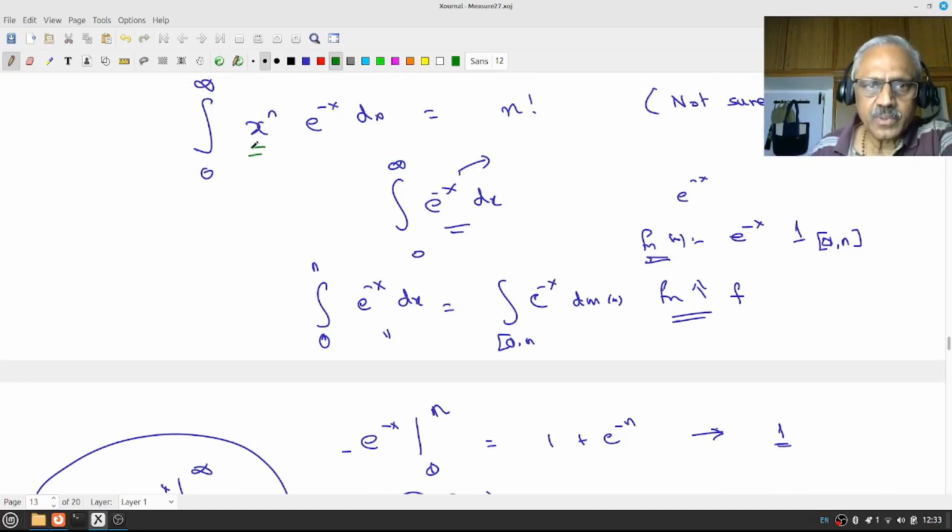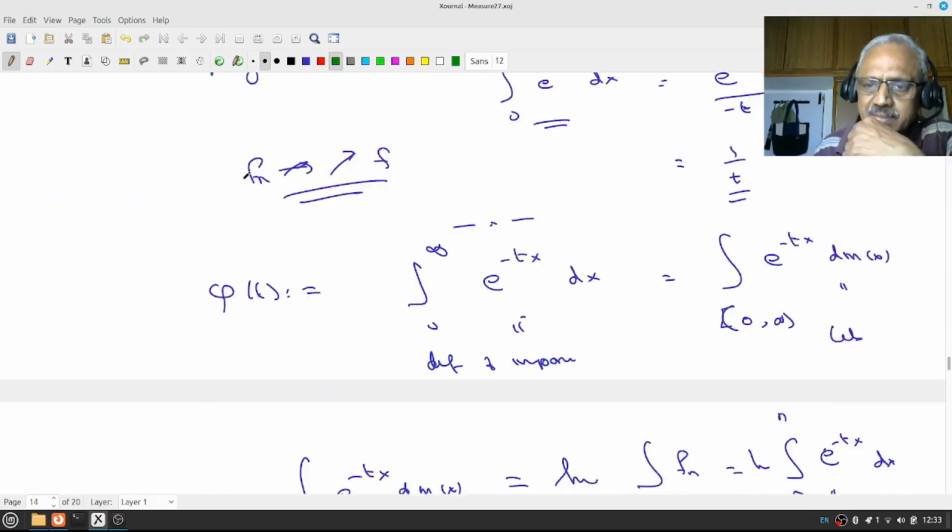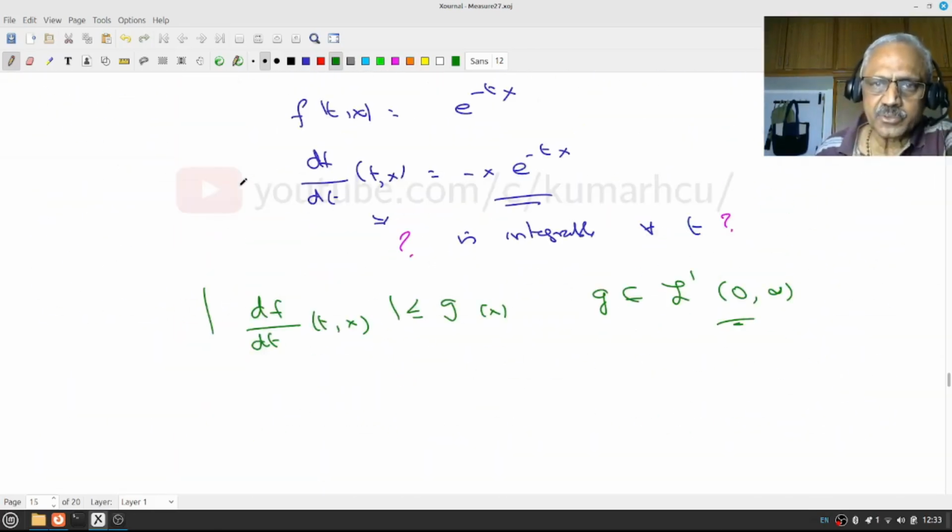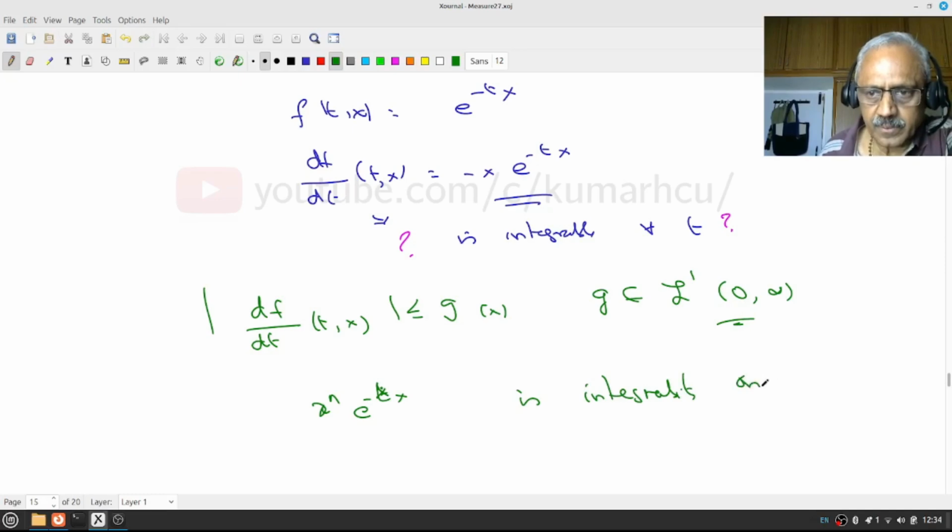Therefore, I have to keep differentiating this. If I differentiate e to the power minus tx, you saw minus x. If I differentiate once more, I will get x squared and so on. Roughly, I want to look at the behavior of this function, that is x to the power n e to the power minus tx. This is integrability, this is this domination, on 0 to infinity. This is what I have to do.